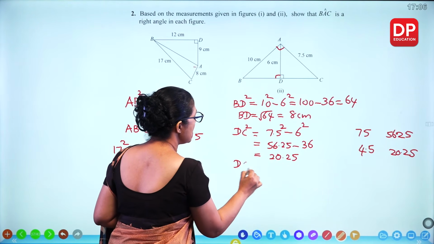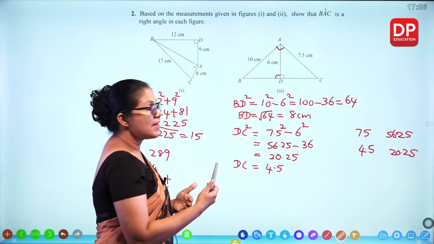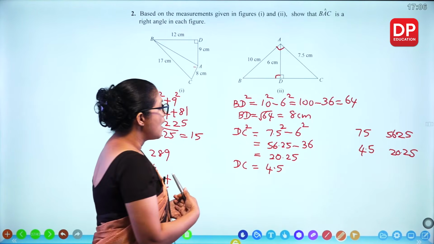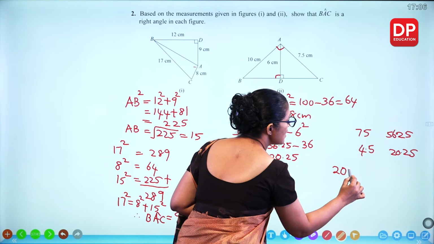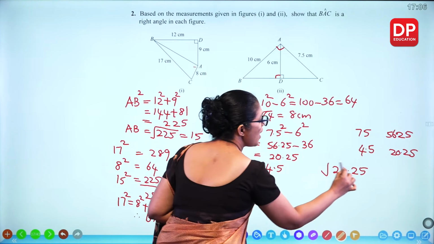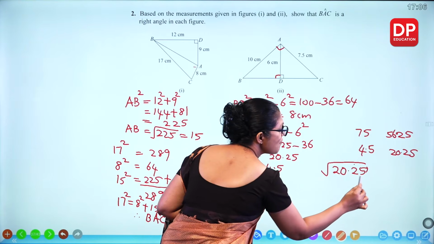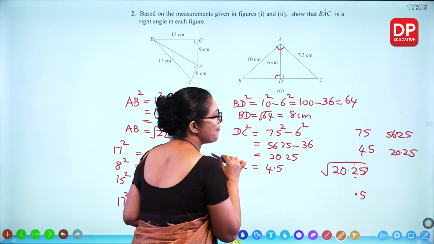So DC is 4.5. Again, if you are given a decimal number, how do you find the square root? Take 2025. We need the square root of this. The square root of 25 is 5, so you get 0.5 there.